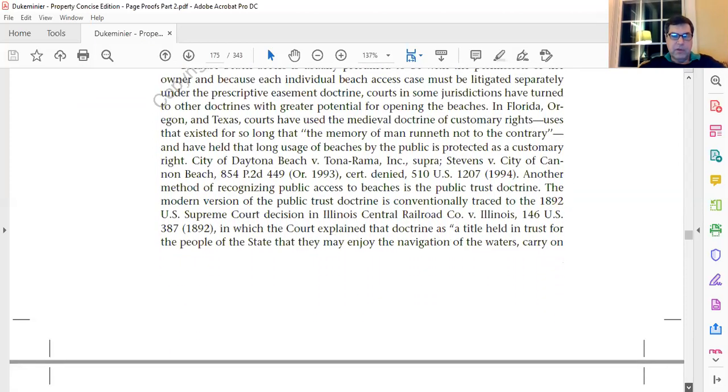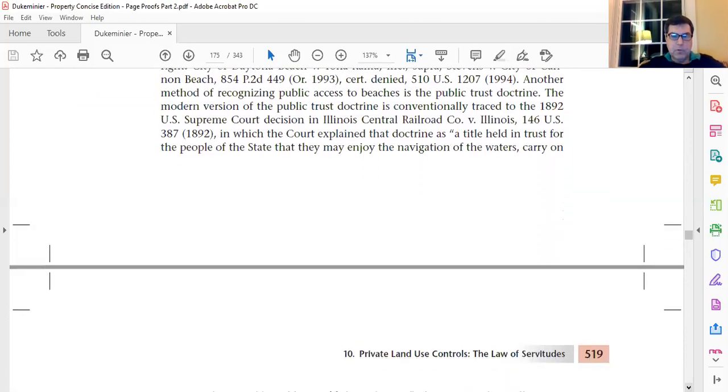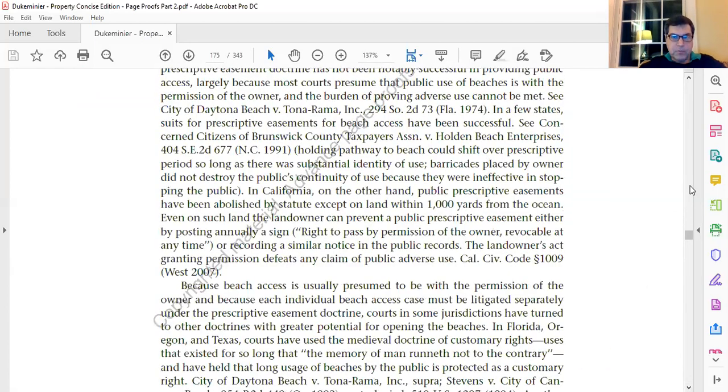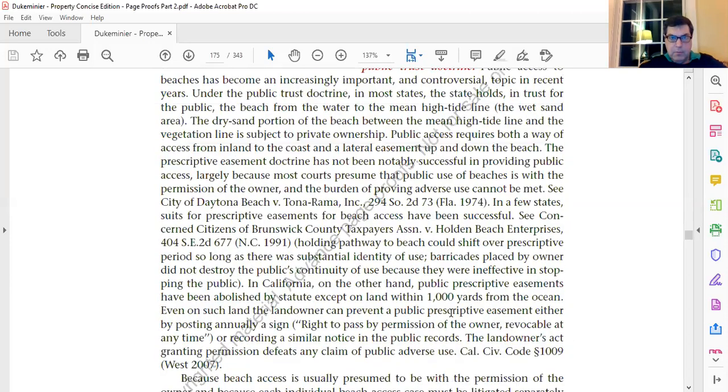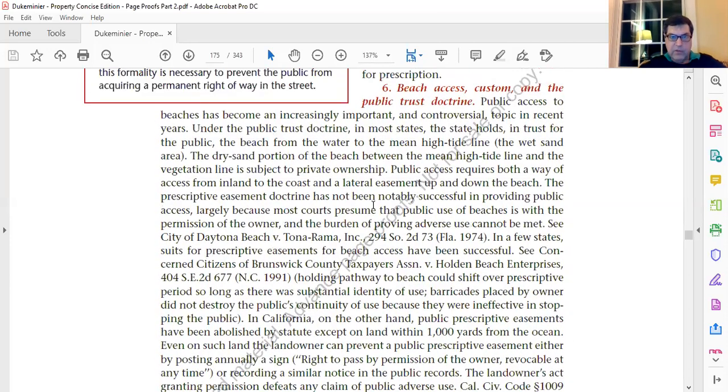Let's see if I can find that. Where is that? Okay, so under the public trust doctrine, in most states, the state holds in trust for the public the beach from the water to the mean high tide line, the wet sand.